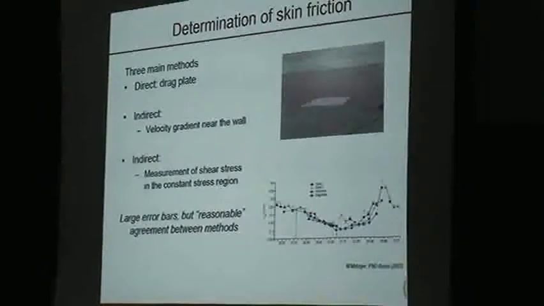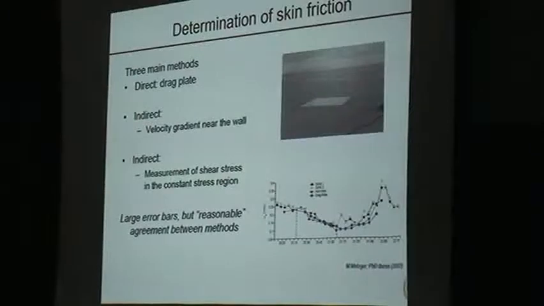In the surface layer, you can do that quite well. And then the other indirect way is that in the region of constant shear stress, if you measure the shear stress, you can back out what the velocity must be.